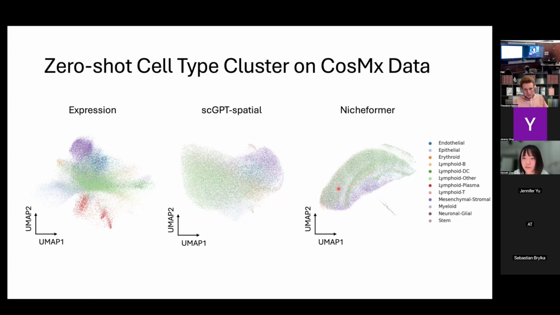But for the Nicheformer, maybe only the mesenchymal stroma cells are clustered together and the other cell types are just a giant blob. So I was pretty suspicious of this result. I think I tried different normalization, but it didn't help.